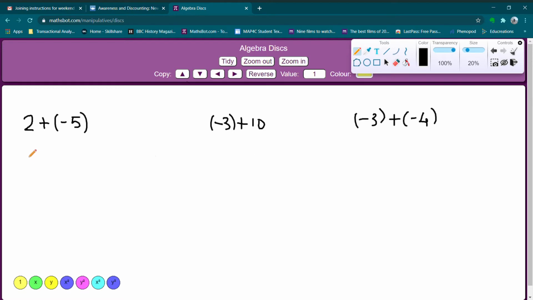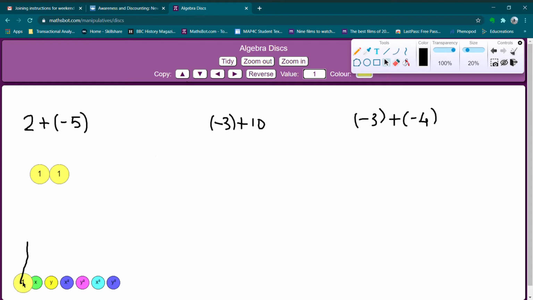So we do this. We have the 2, and where's my tool here for me to move this? Okay, here we are. I have a 2, so this would make it plus 2.